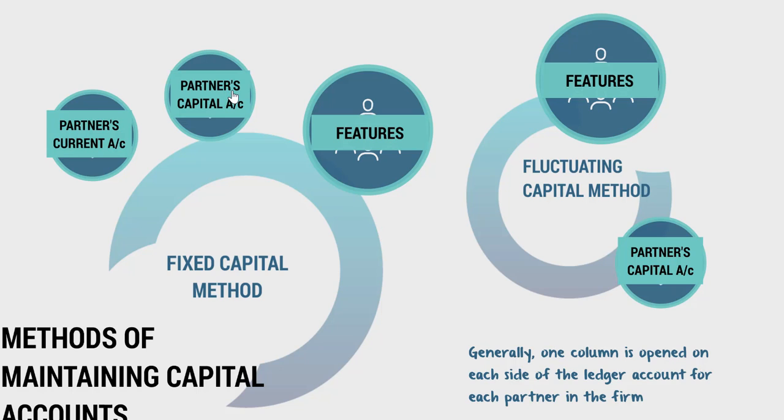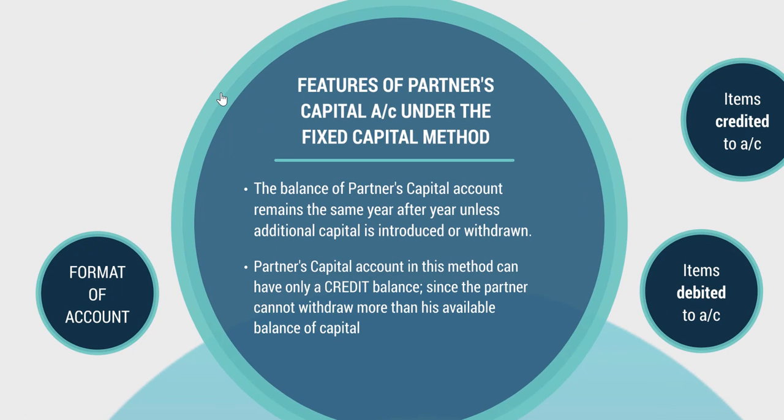So the first account we said was the partner's capital account. So let's go into that account. As we said earlier, the balance of the partner's capital account remains the same year after year unless additional capital is introduced or withdrawn.